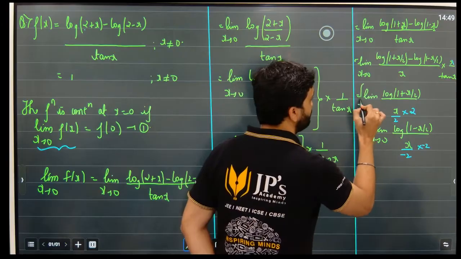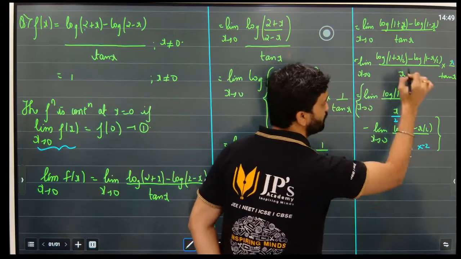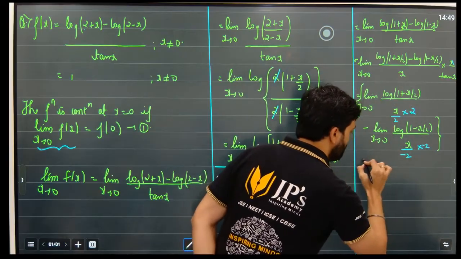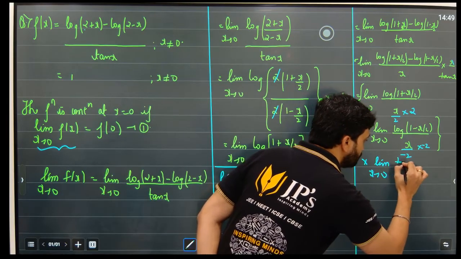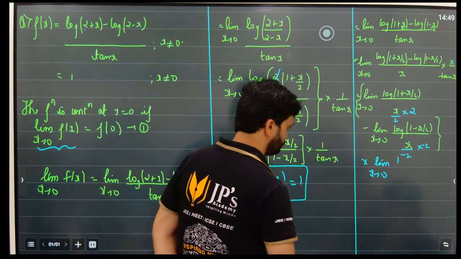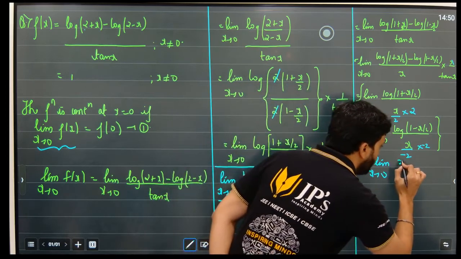These two terms are together, and last comes multiplied by limit x tends to 0 of x upon tan x.